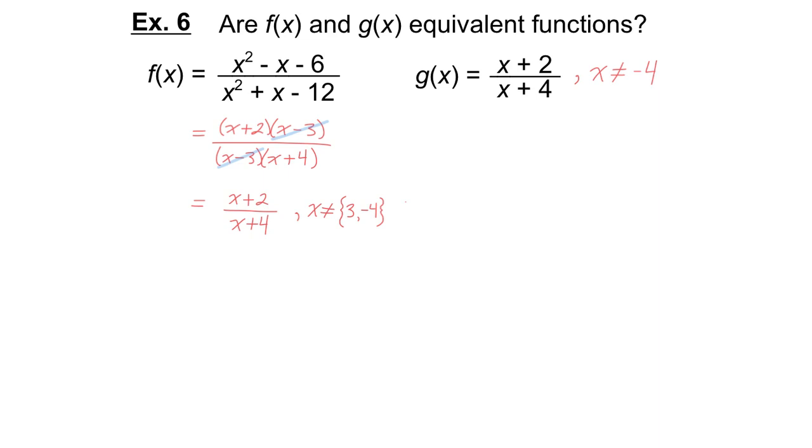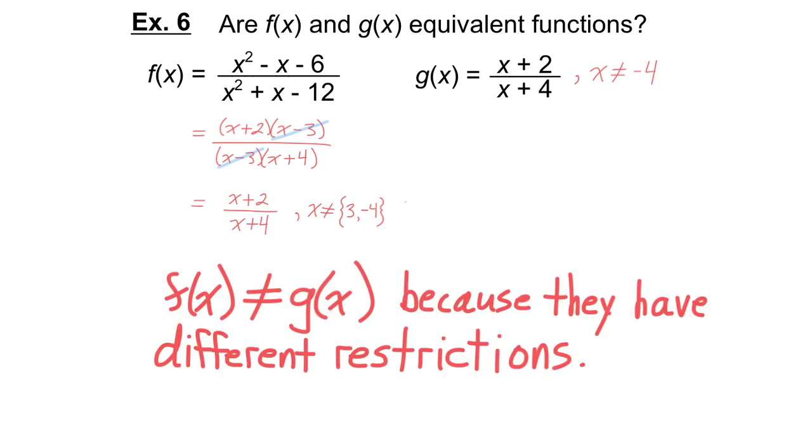So we cannot say that the functions are equal. If you graphed these two functions, they would look extremely similar, except f of x has one more hole in it than g of x does. And because of that, they're not exactly the same. They are not equivalent because they have different restrictions. So I used this example just to highlight that you have to pay attention to restrictions because functions might not be the same if they have different restrictions.